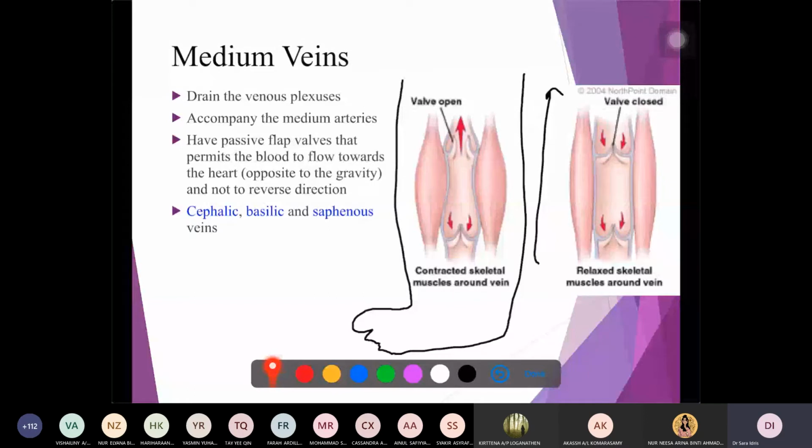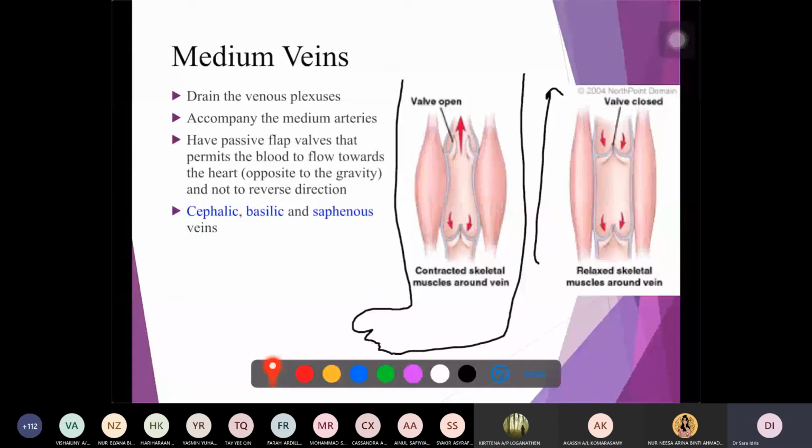So what you have instead is the veins that will go in between muscles. The muscles in your body will help to return the blood in the opposite direction of the pull of gravity, and go back to the heart, and not go back in a reverse direction. That's why movement is always important to prevent any blood clots occurring in your veins.